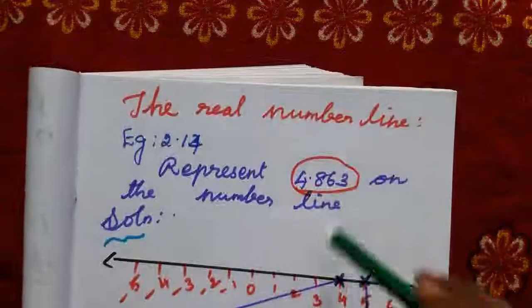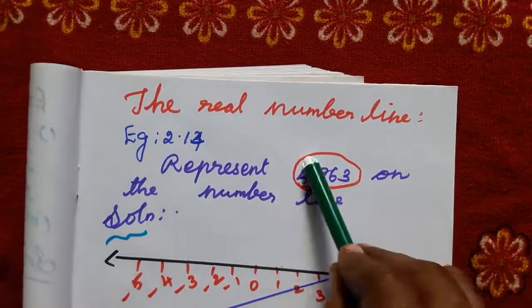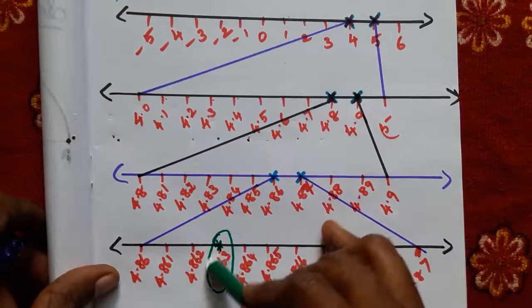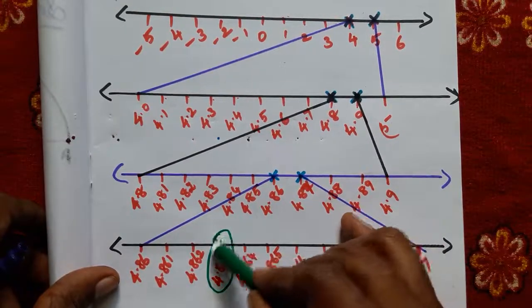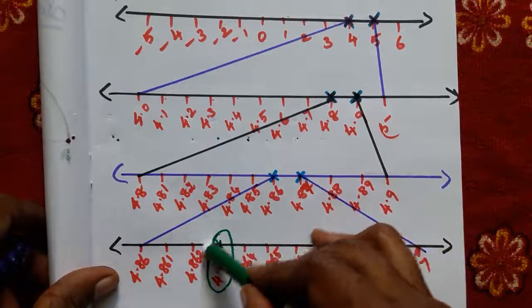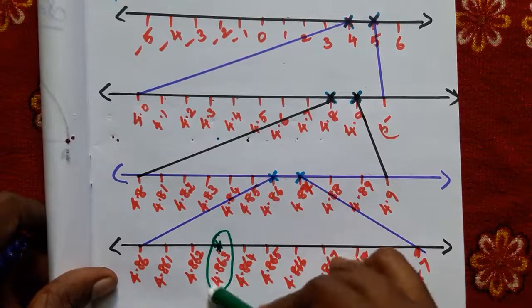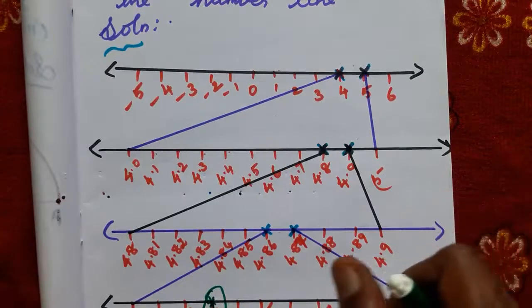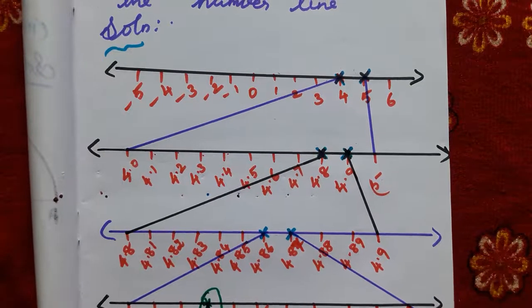Now which number do we have to mark? 4.863. Here you see this number is 4.863. We have to represent only this. Can you understand this problem?